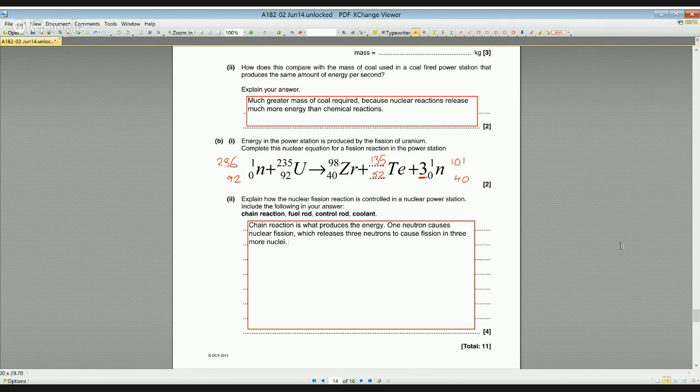Okay, so the reaction gets bigger and bigger and bigger each time. That's the chain reaction. You probably don't need that much detail. Fuel rods contain uranium, where the fission reactions take place.